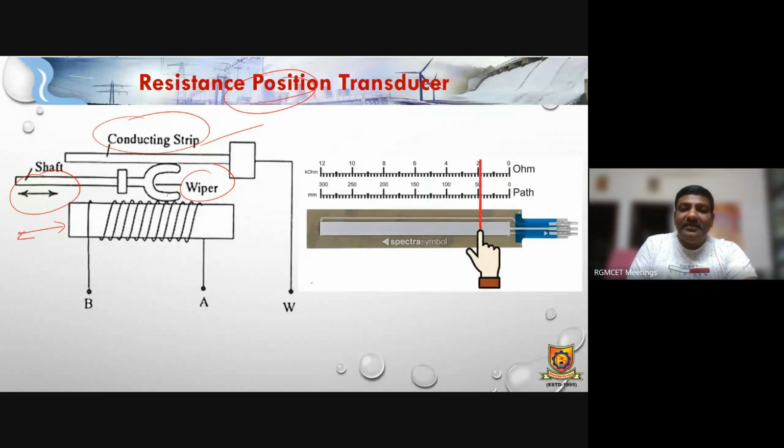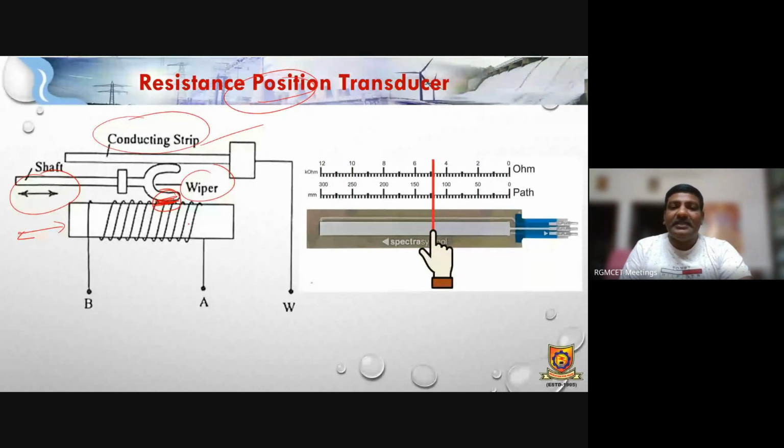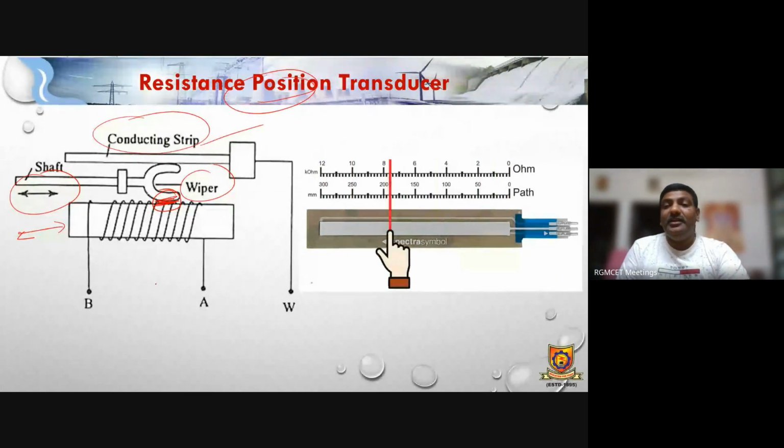These are the contact terminals. A and B is the length of the total wire, and if you keep moving this shaft in either direction, the contact position will change, and automatically the amount of resistance will change accordingly. We can see the animation in the right side diagram.